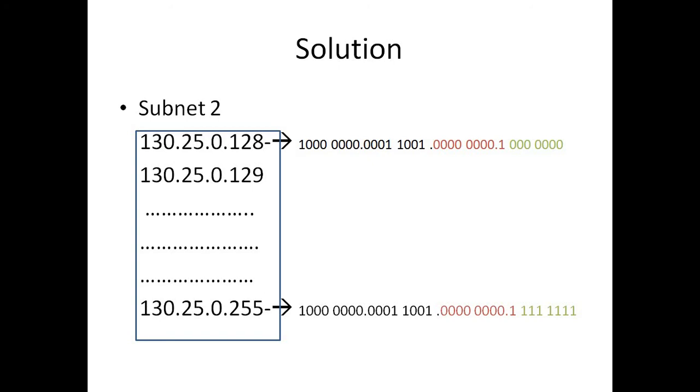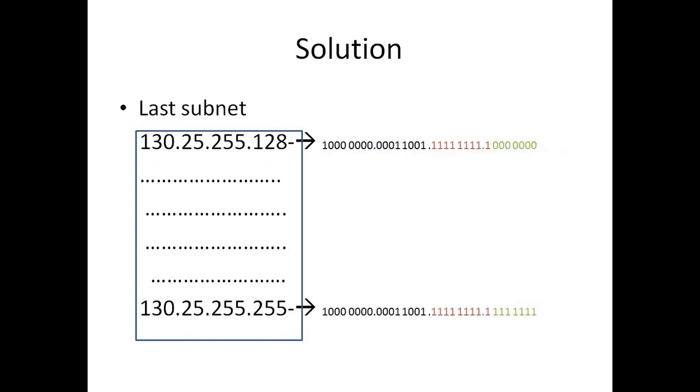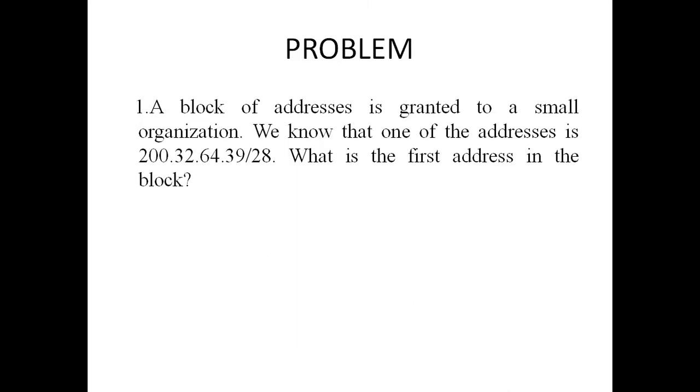When you make all the host bits 1, this becomes the last address, which is called the broadcast address. The last subnet is given as shown below, where all the bits in the network part are made 1. The first address and last address of the subnets are as shown below.